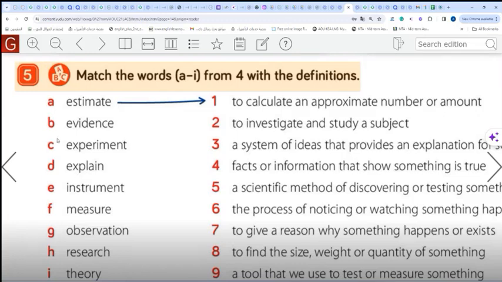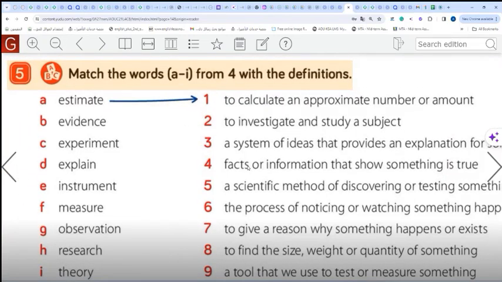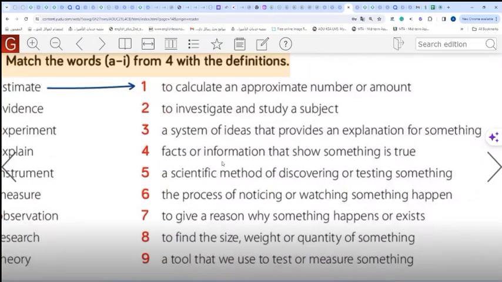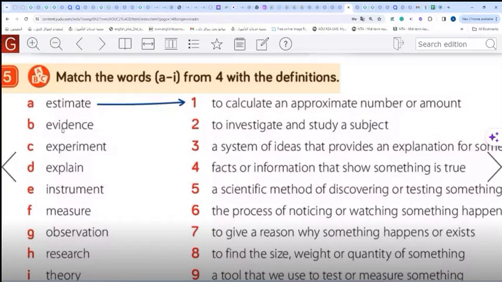So, number B, facts or information. Okay, so evidence means facts or information that show something is true. Do you agree with me? Yes. Thank you so much, dear students. Evidence means facts or information that show something is true. So what is the translation again of the word evidence?